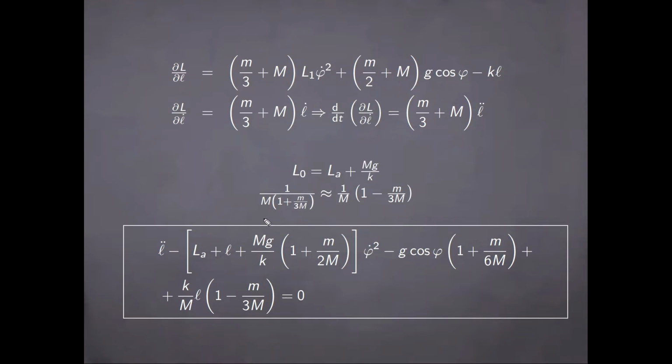And I will use the following Taylor expansion. For expressions such as this, if I'm dividing the equations by this quantity, if I do a Taylor series under the assumption that the ratio of m over capital M is much smaller than 1, then to first order I obtain the result here.